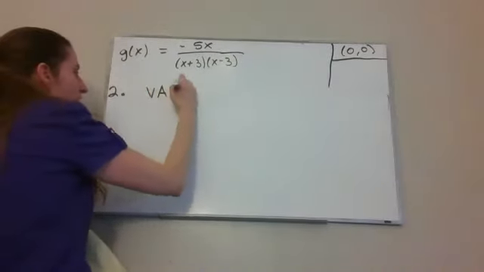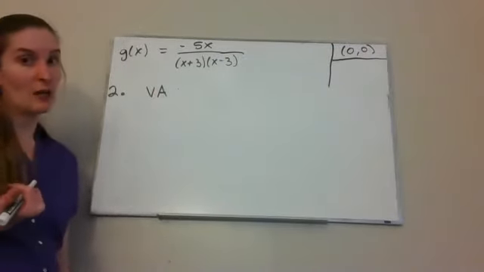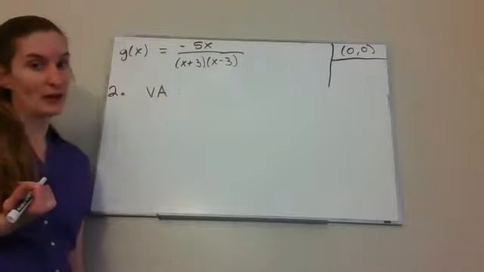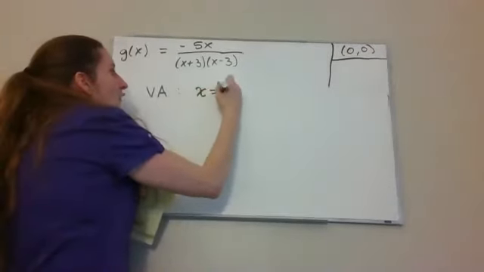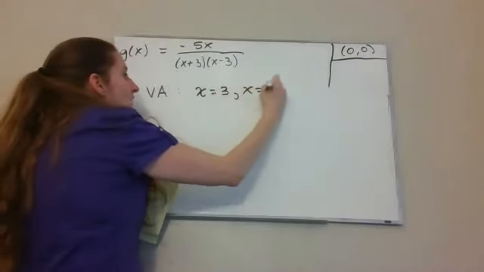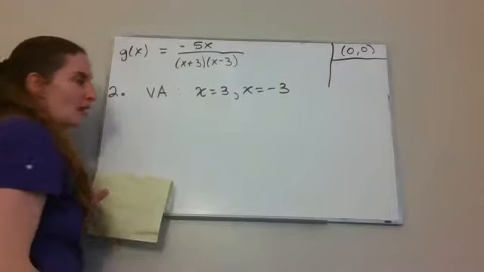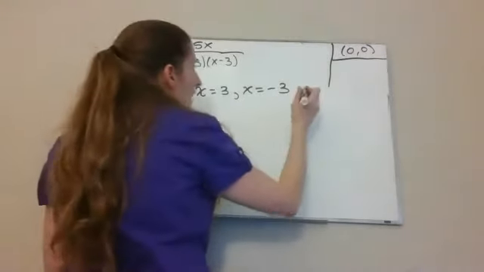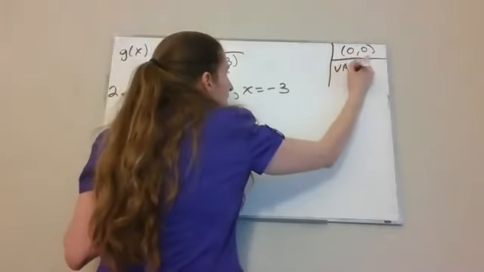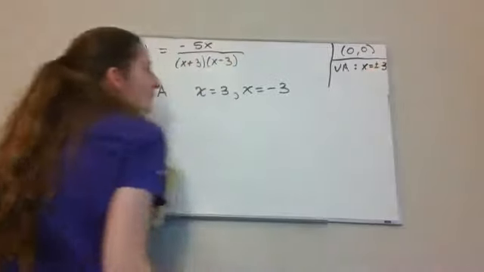Start with the vertical ones. Your vertical asymptotes are where your denominator is 0, but the numerator is not. So I would get x equals 3 and x equals negative 3 as my vertical asymptotes. Those are the values that make me divide by 0, and I don't have common factors in the top. So I have vertical asymptotes of plus or minus 3.